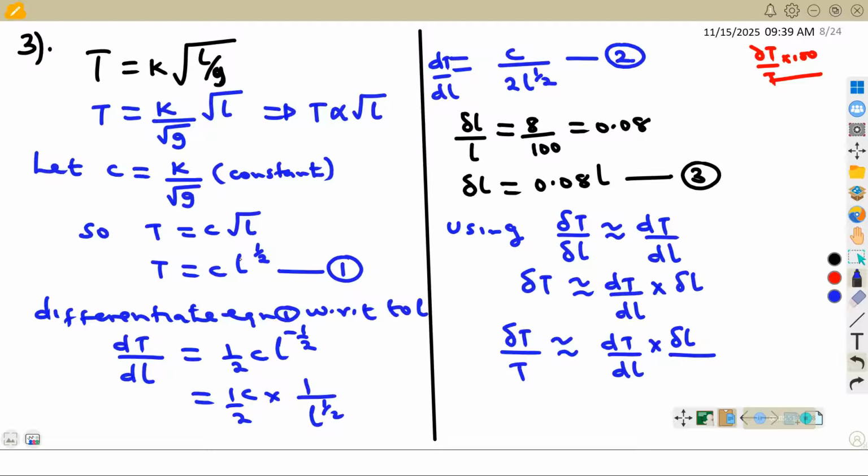But t is the same as c L to the power half, which is c square root of L. Since we are interested in this, we now substitute dt over dl from equation number 2, and delta L from equation number 3.